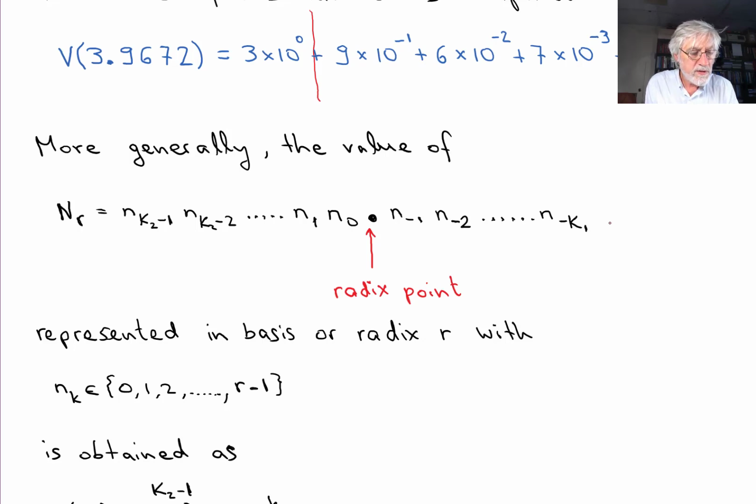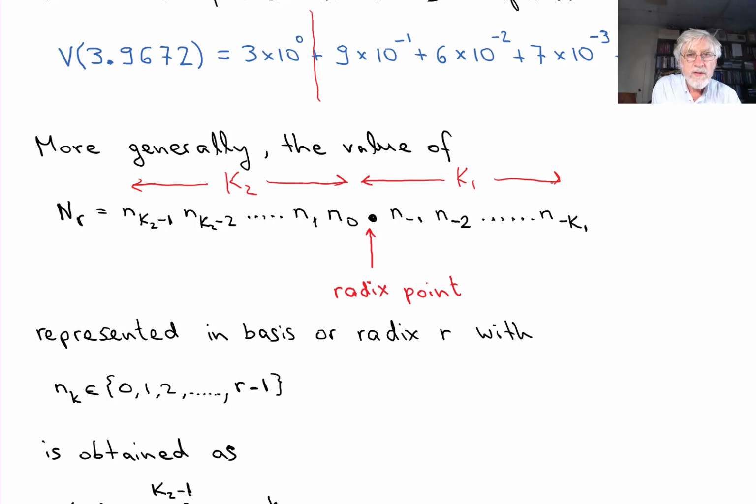So we have here capital K2 digits to the left of the radix point, and we have capital K1 digits to the right of the radix point.